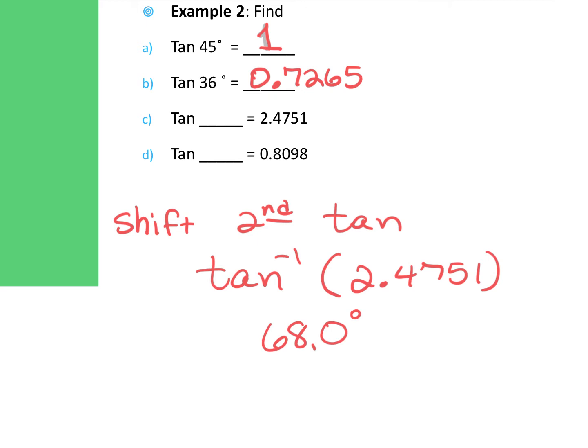Now, some calculators, you have to hit the 2.4751 first, then hit the shift and the tan. Every calculator is different. Some calculators, you have to hit the tan button twice and then put in the angle. It should be opening up something on your calculator that shows tangent to the -1. Do the next one as well.